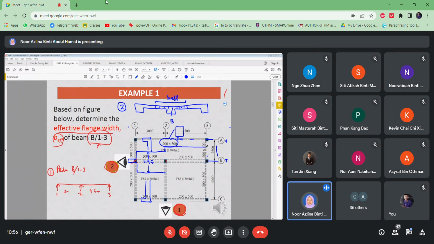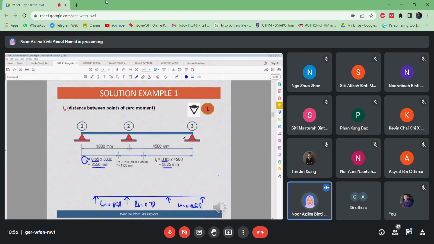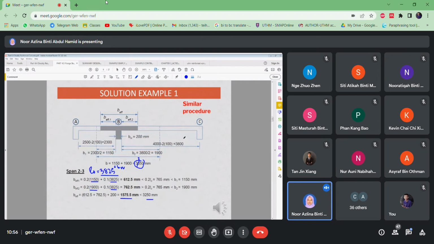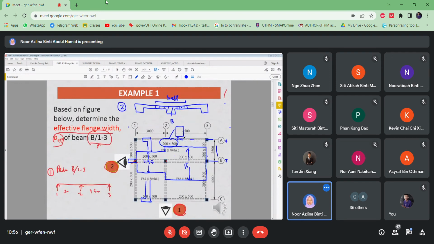So it's still T sections, but the B effective cover more than span 1 to 2. So dia cover besar sikit, which is 15, berapa tadi? 1575. 1575.